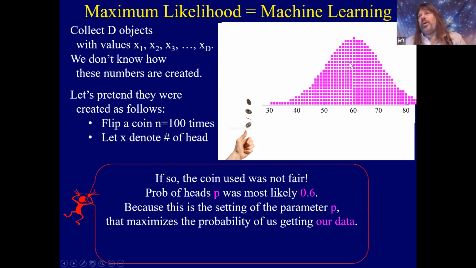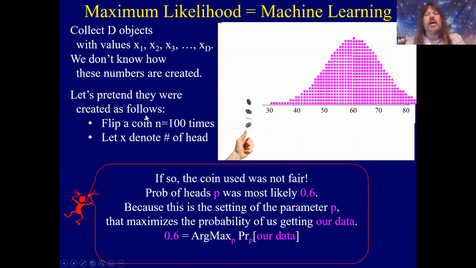You can kind of eyeball it, but the way he did it is he used this equation here. He said, suppose that our distribution was this normal distribution from coin flips with some parameter P that we don't know.